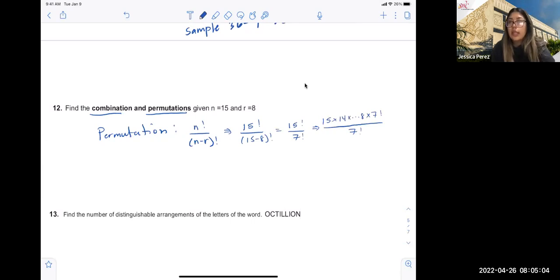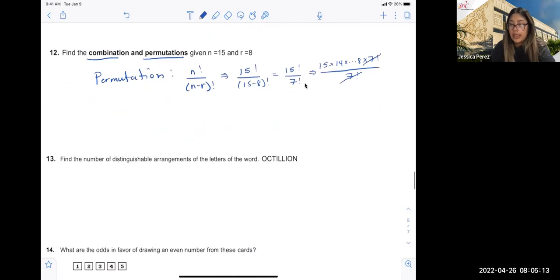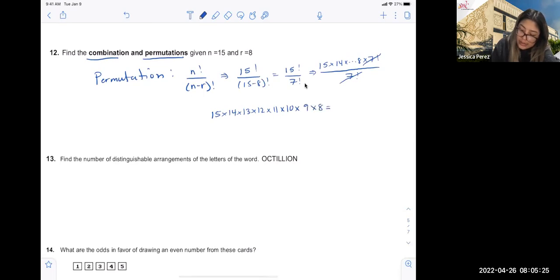So here you are allowed to use a calculator, of course. The 7 factorials cancel. I do want to see your work. So then you want to do 15 times 14 times 13 times 12 times 11 times 10 times 9 times 8. So go ahead and punch this on your calculator. I'm going to go ahead and do that on my end.